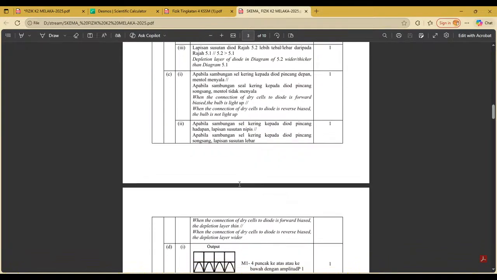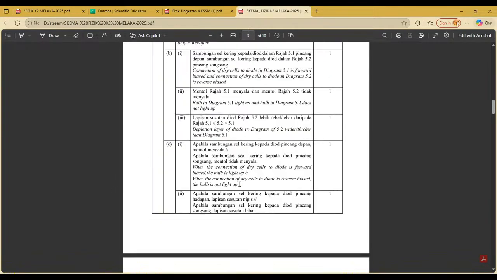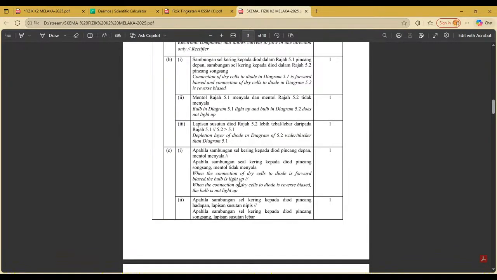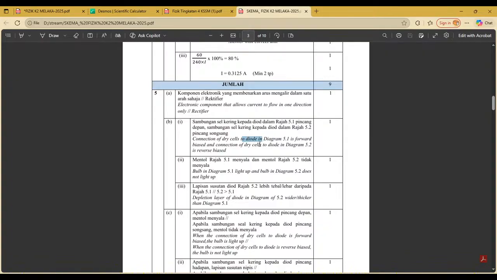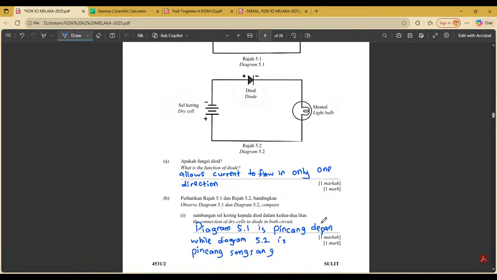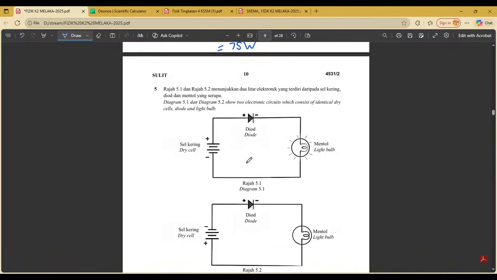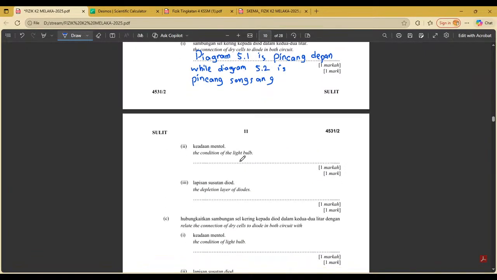Is that right? I'm not gonna look at any other things other than that one question. Yes, forward bias, reverse bias. Diagram 5.1 is forward bias, while diagram 5.2 is reverse bias.